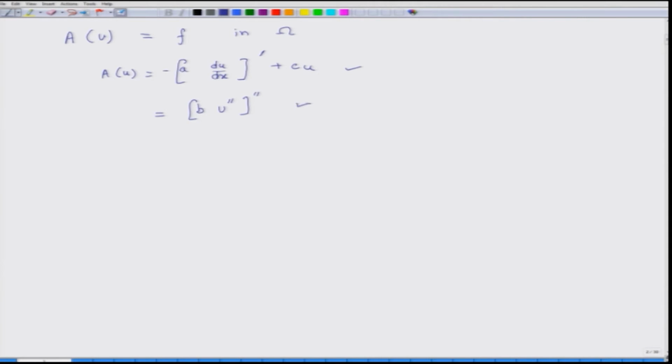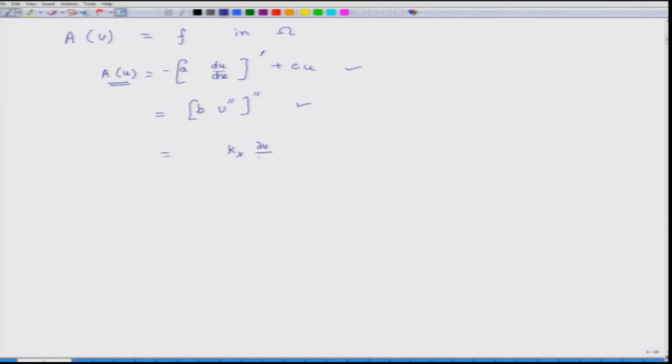This particular operator is applicable for beams: EI and then the deflection fourth derivative equals q.